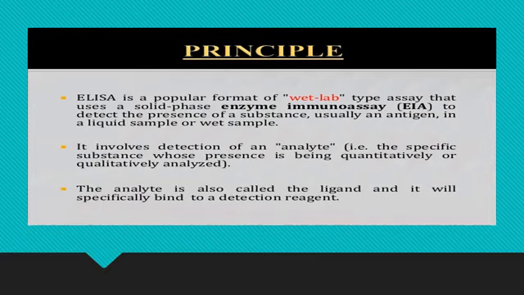It involves detection of an analyte, the specific substance whose presence is being quantitatively and qualitatively analyzed. So we said from the beginning it is a qualitative and a quantitative technique. The analyte is also called the ligand, and it will specifically bind to a detection antigen.